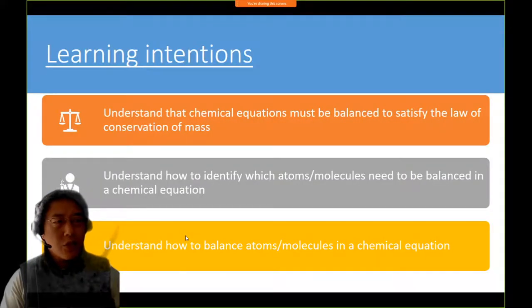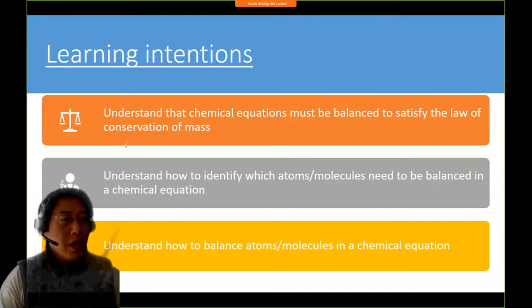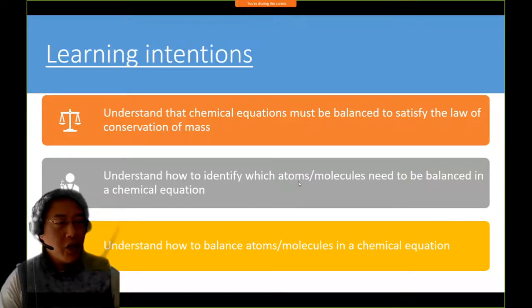So the intention will be to understand that chemical equations must be balanced to satisfy the law of conservation of mass. With the conservation of mass, I'll explain in a second. Understand how to identify which atoms or molecules need to be balanced in a chemical equation, and then understand how to balance atoms and molecules in a chemical equation.